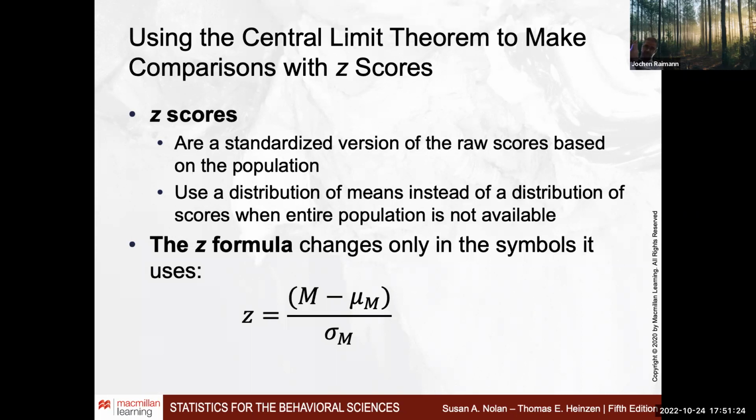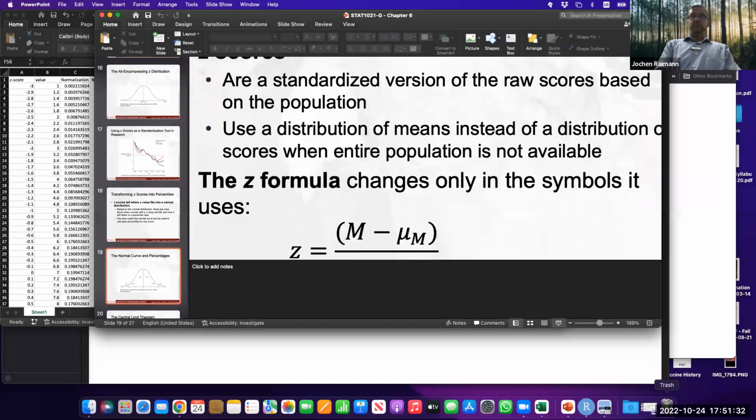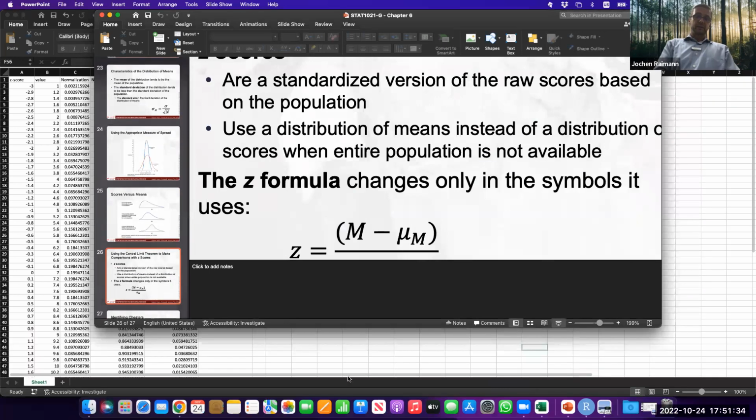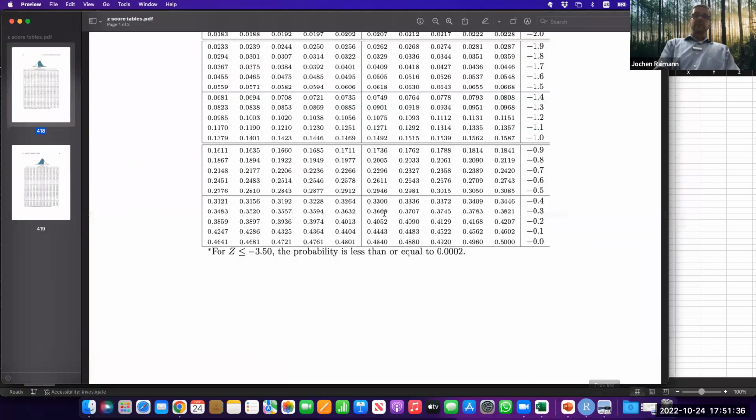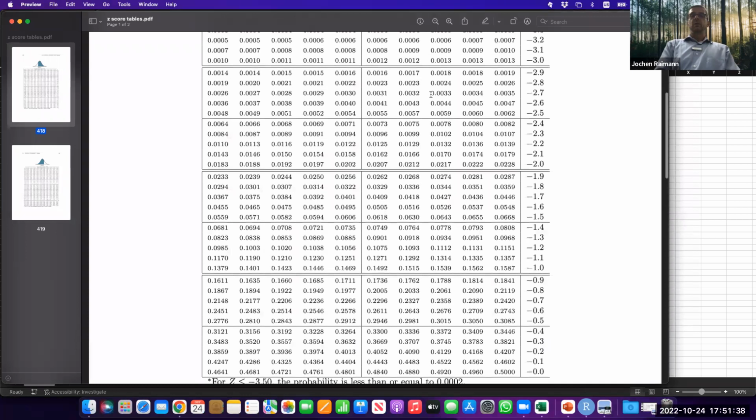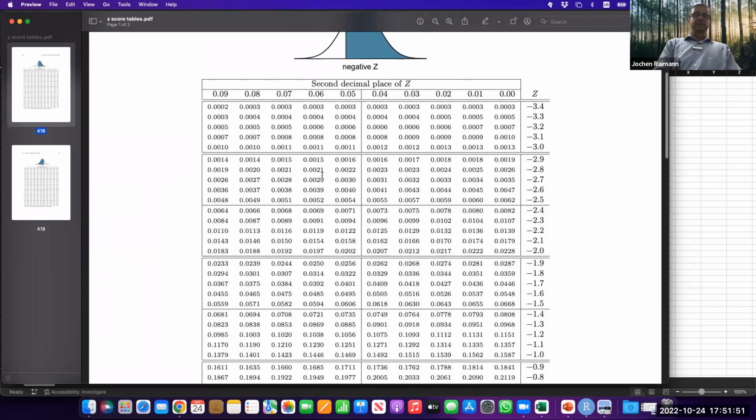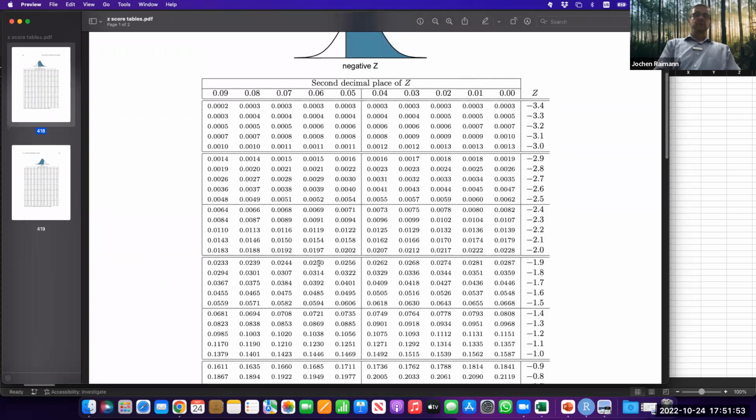So you're basically doing the same thing. And then you quantify the probability of this coming from the same or a different distribution by looking this value up on the z-score table. If your z-score is greater than the absolute value of 1.96, you have 2.5% here.